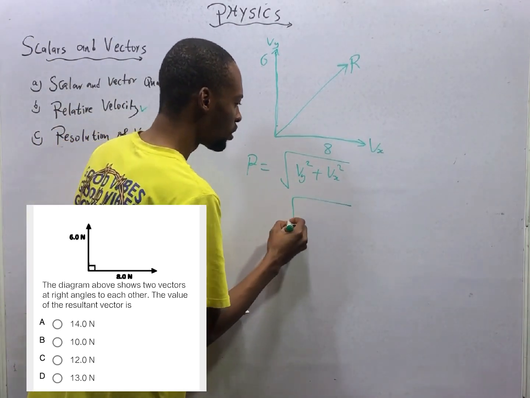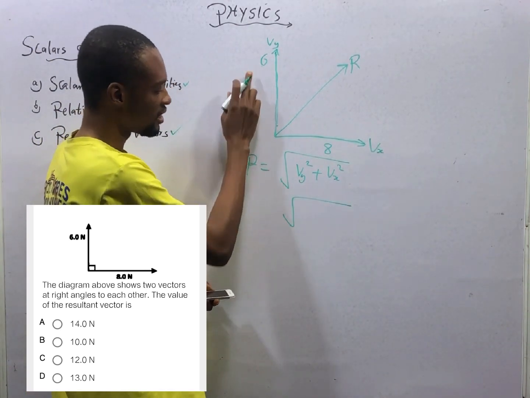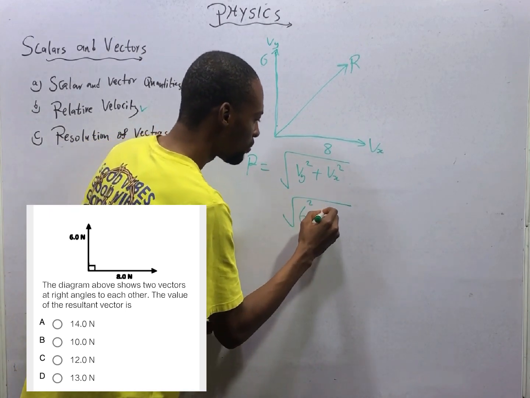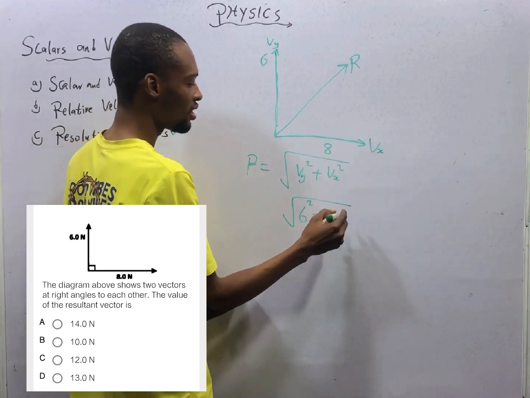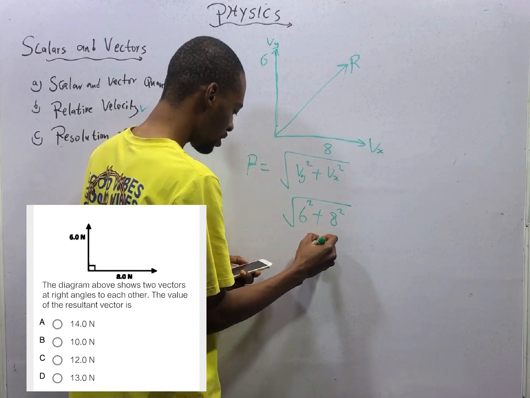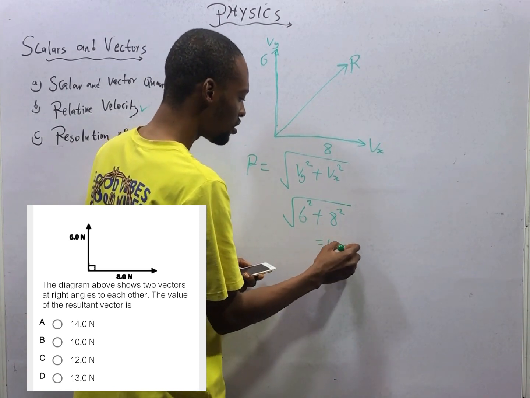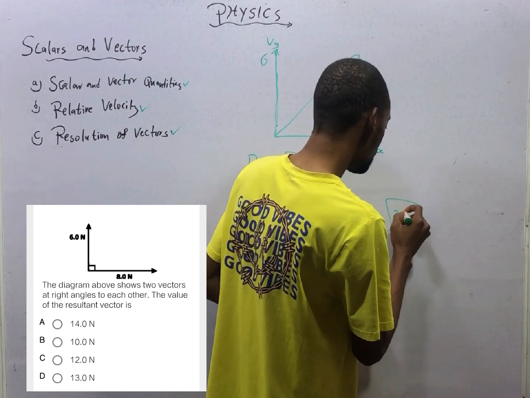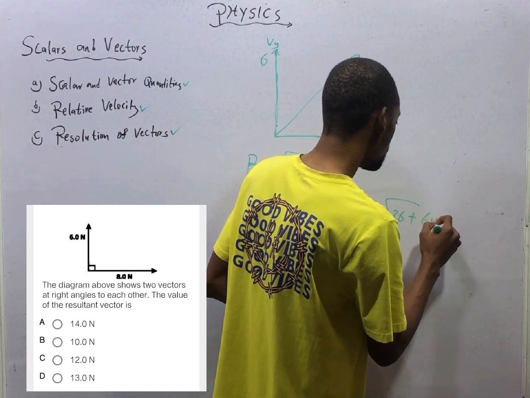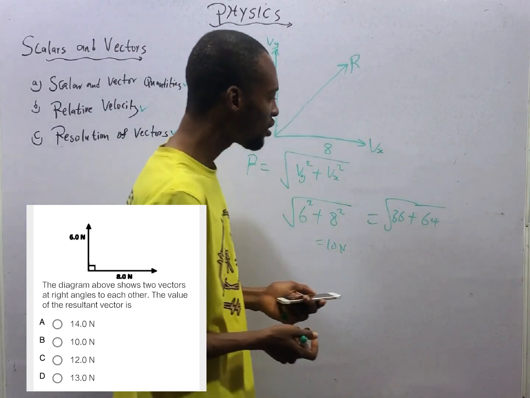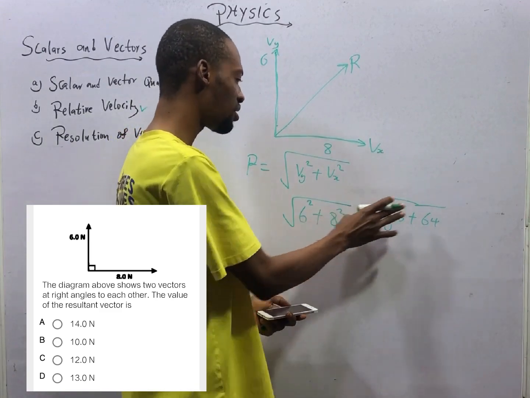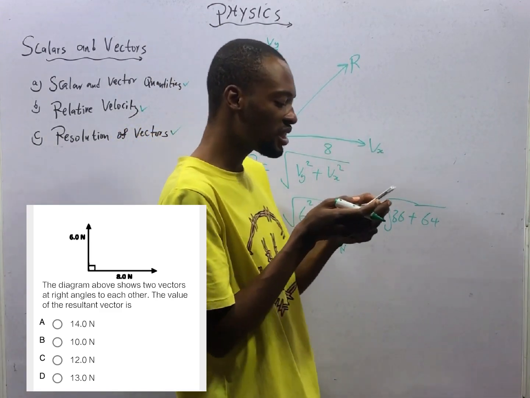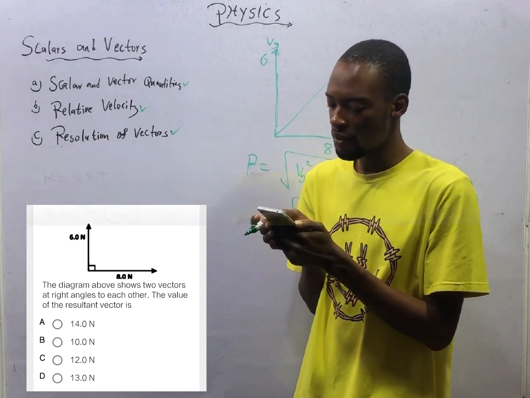That will give you 6 squared plus 8 squared. 6 squared is 36 plus 8 squared is 64. 36 plus 64 is 100 and the square root of 100 is 10. So 10 newtons is the magnitude.